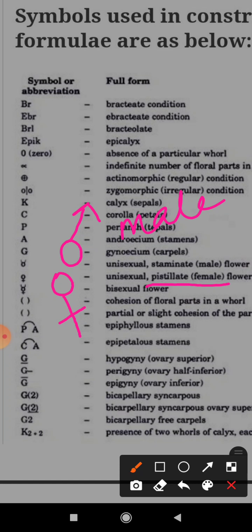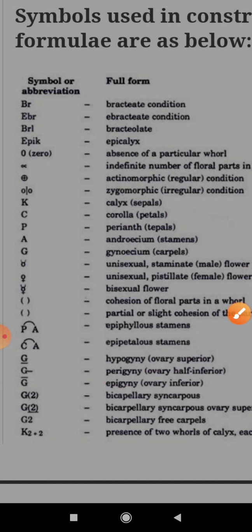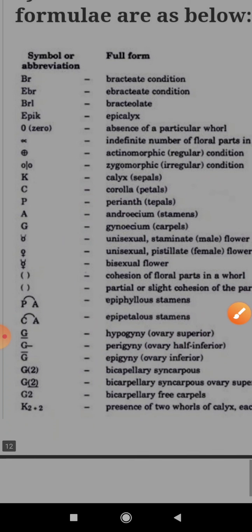This is the symbol for a pistillate flower, presence of only the female reproductive part. Now if the flower is bisexual, that means both the reproductive organs are present, then we represent it with a circle, an arrow on top and a cross at the bottom, right? So this represents a bisexual flower, right?